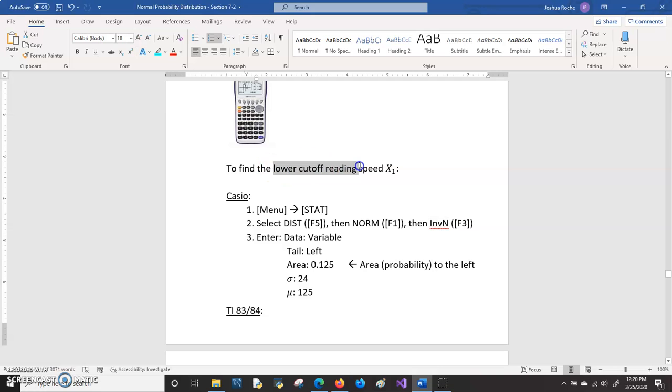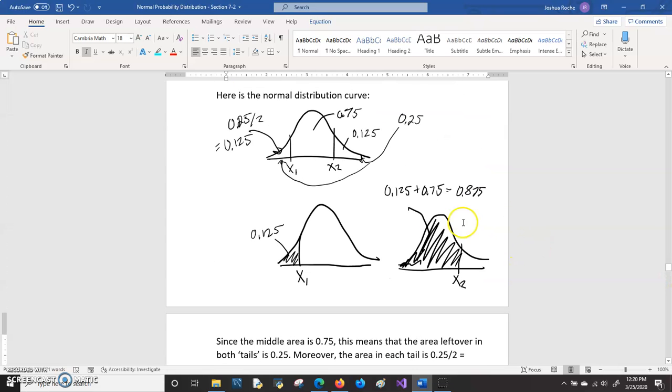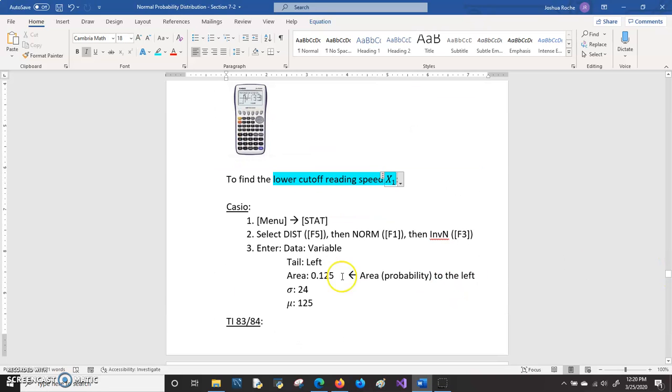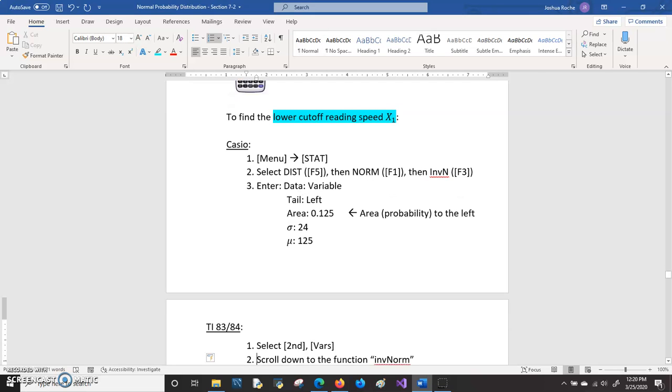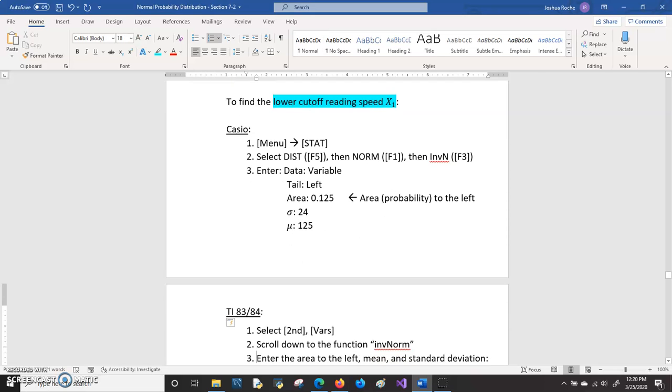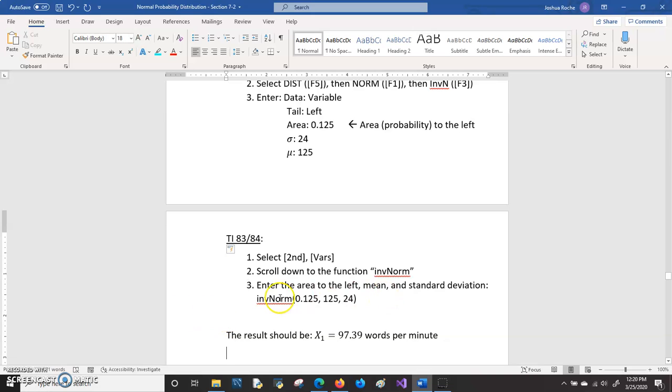For the lower cutoff, x1, the area to the left is 0.125, just as was noted up here. So you put in the area to the left, 0.125. Same on the TI, you'd put in 0.125. The result comes out to 97.39 words per minute.